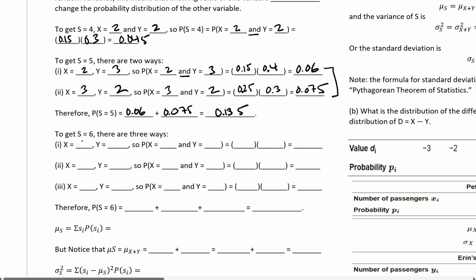You can have Pete's x equals 2 and Aaron's y equals 4. You can have Pete's x equals 3, Aaron's y equals 3. Or you can have Pete's x equals 4, Aaron's y equals 2. All right, so we got 2, 4, 3, 3, 4, 2. All right, so three ways. So 2 and 4. So that means Pete's x equals 2. The probability for x equals 2 for Pete was 0.15. For Aaron, the table for Aaron, 4, was a probability of 0.2.